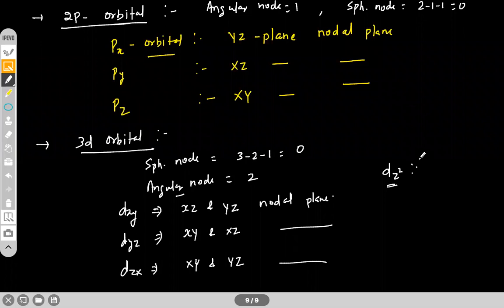See, angular node just means a node. Now this node can be a plane or cannot be a plane. For dz square, the nodes are not a plane. We don't have nodal planes, but we have nodal cones, in the shape of a cone. That is it.